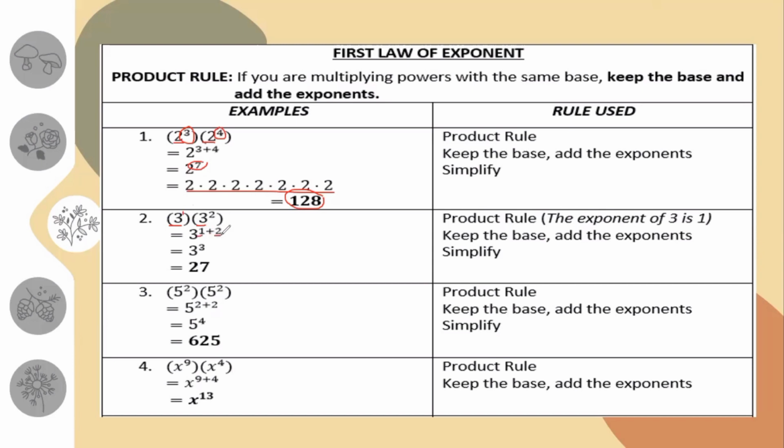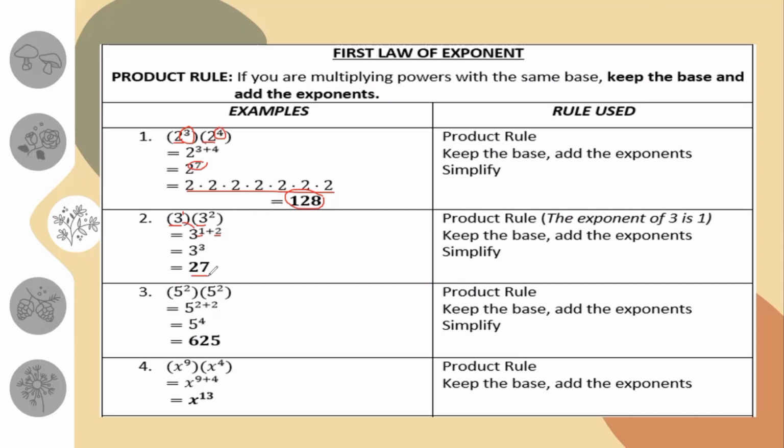Saan po nakuha yung 1? Dito po sa exponent ng first base natin. Dito. Kapag wala kayong nakikita, ibig sabihin 1 ang exponent. So, ang ibig sabihin niyan is 3 raised to 3. So, if we are going to simplify this one, 3 times 3 times 3, the answer is 27.